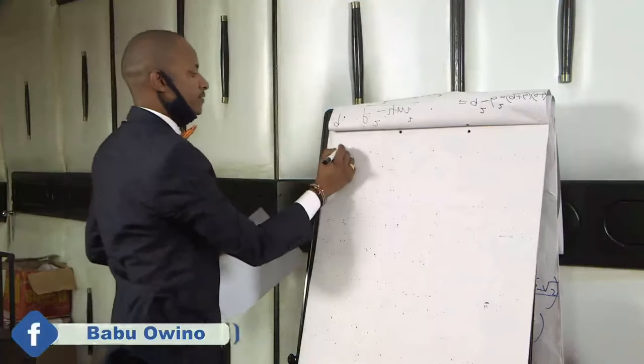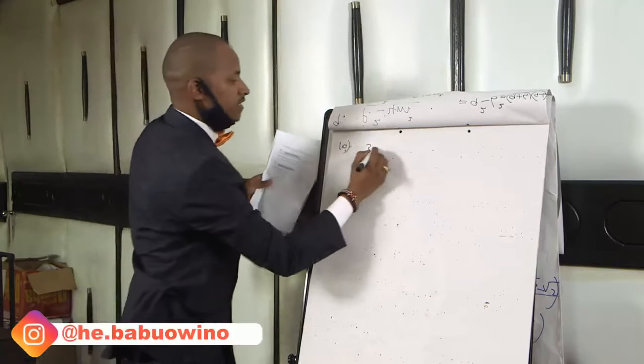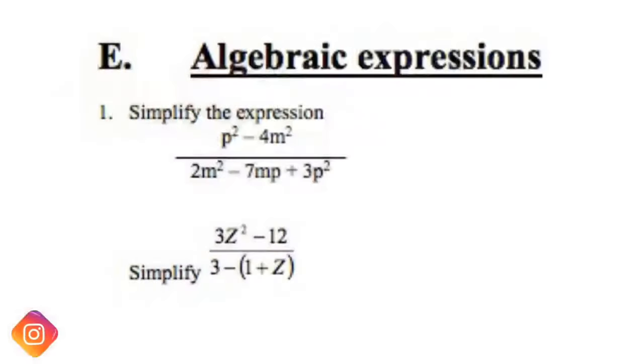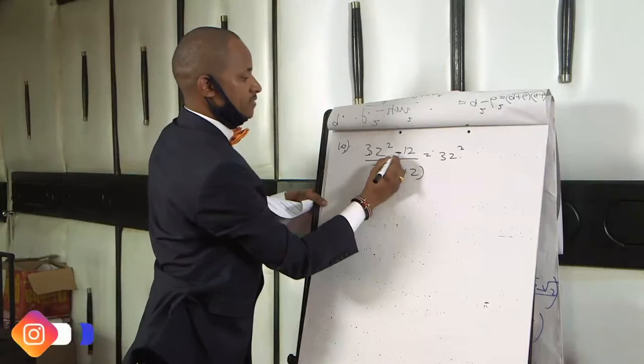Question 10. 3z squared minus 12 divided by 3 minus 1 plus z. So remember I told you observe the difference of two squares. Simplify. So here we can see 3z squared minus 12.